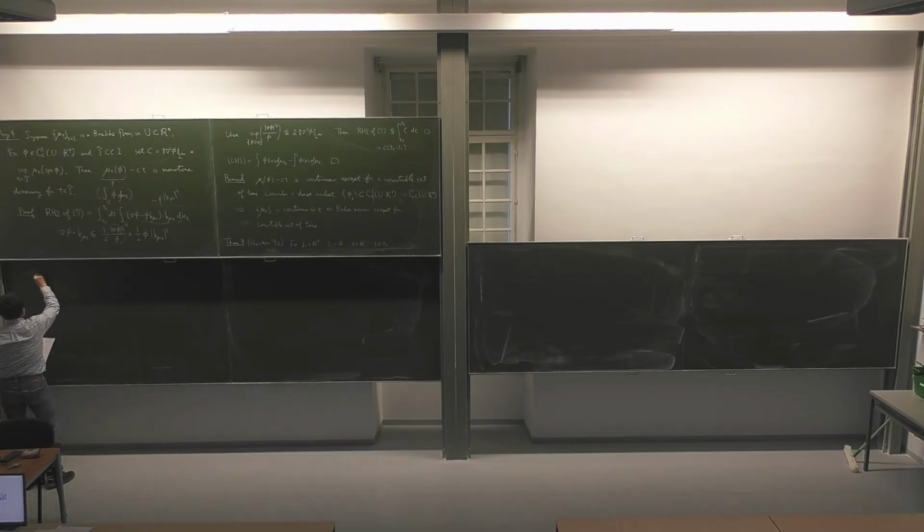Define rho of x,t, which sometimes, to make the dependence clear, I may write this way also.